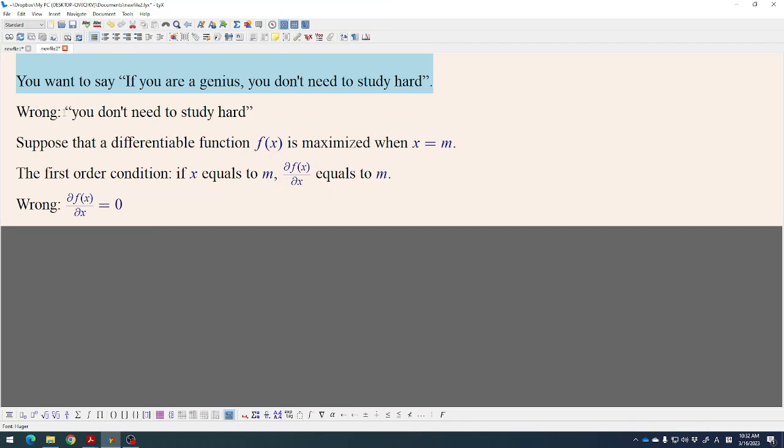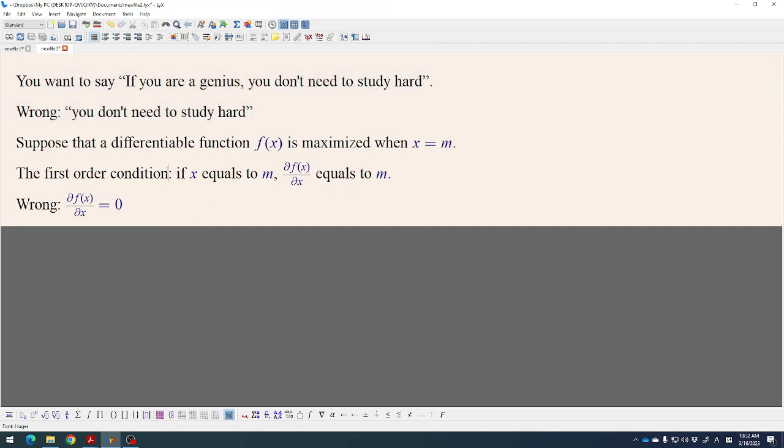But if that student told the same statement to another friend in this way, then it is wrong. This statement is totally different from this one. I didn't mean you don't need to work hard. The meaning of this sentence is you have to work hard, but the only case you don't need to work hard is when you are a genius.